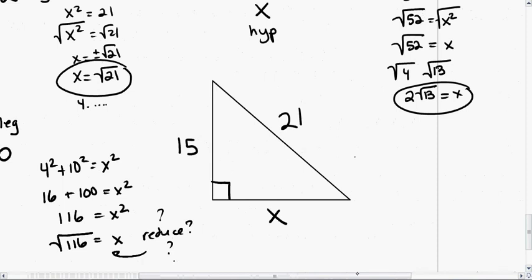And then the last one, 21 is a hypotenuse. It's across from the right angle. X is a leg, 15 is a leg.